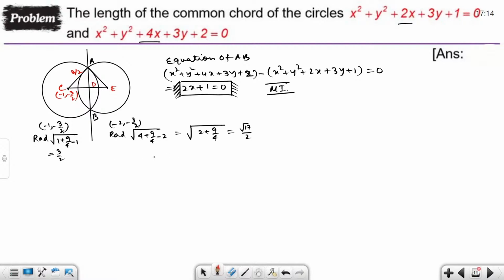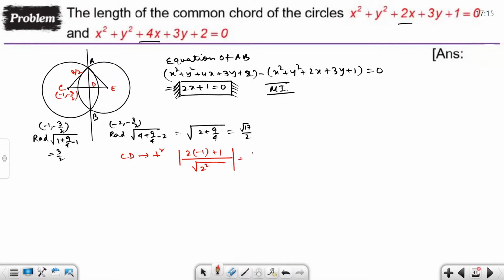Now what is CD? CD is basically the perpendicular distance from C on the line AB. So what will be the perpendicular distance? It will be modulus of 2 into minus 1 plus 1 divided by root over of 2 square.